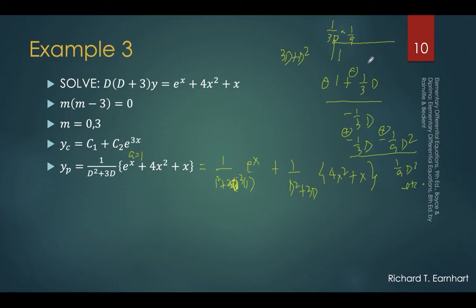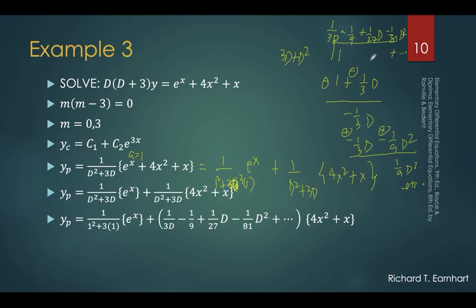So for the expansion, if you continue, this will give you plus 1 over 27D, 1 over 81 D squared, and so on. Okay, so that is actually infinite. So this is the expansion.